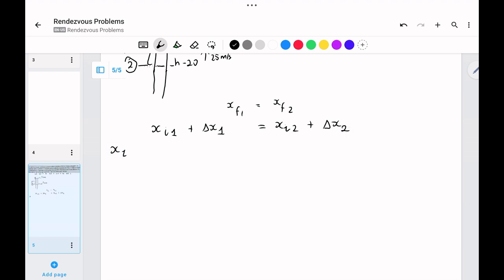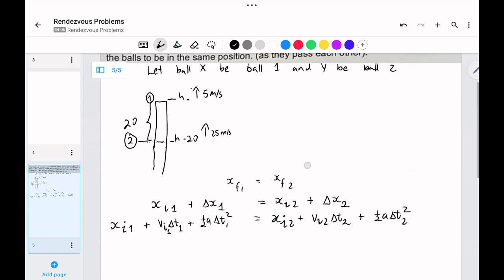That is x initial object 1 plus, I hope you are familiar with the equation by now, vi delta t, so vi object 1 delta t object 1 plus half a delta t object 1 squared, equals x initial object 2 plus vi object 2 delta t object 2 plus 1 half a delta t object 2 squared. And then I make my substitutions.